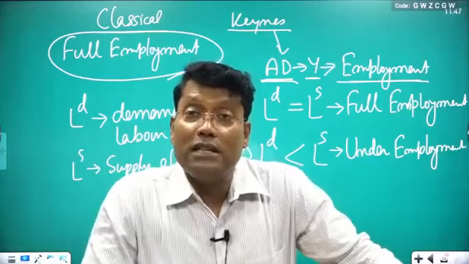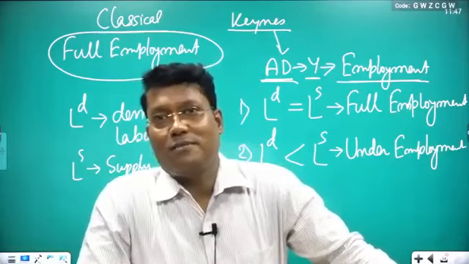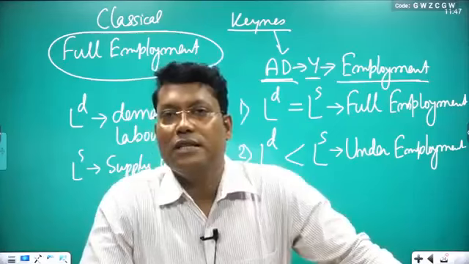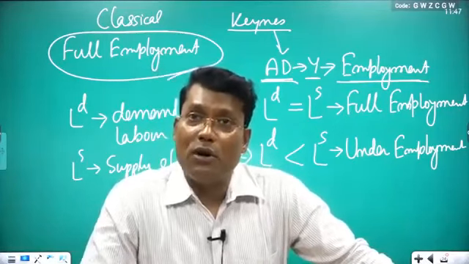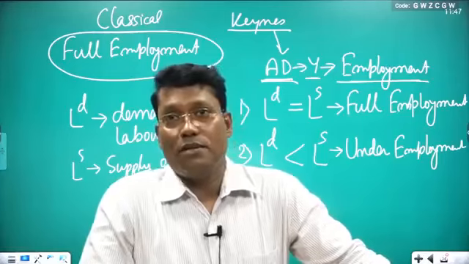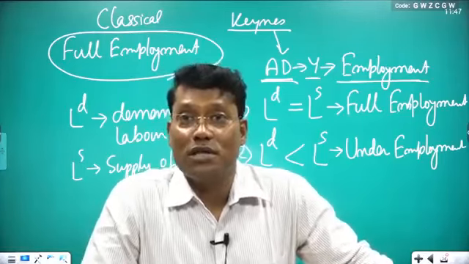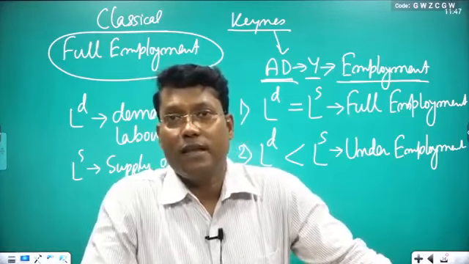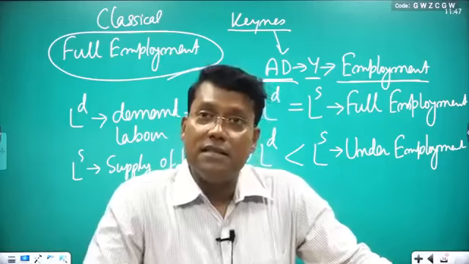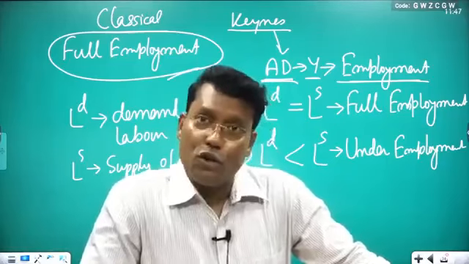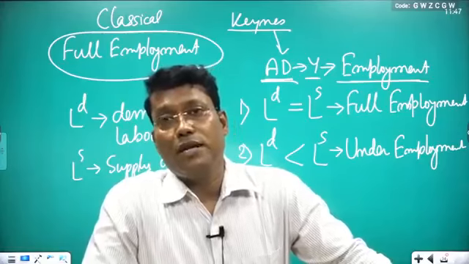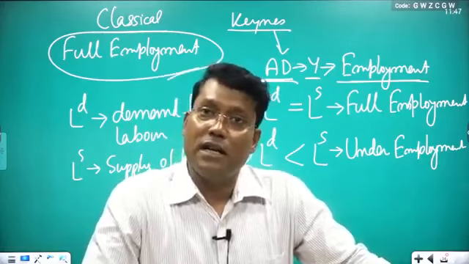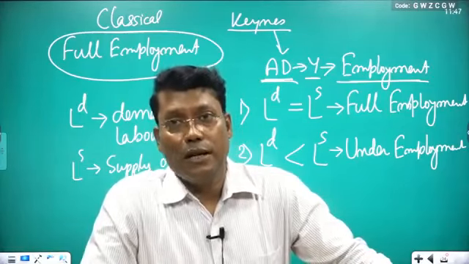But in the types of unemployment, which I will discuss in the unemployment topic, the underemployment concept is something different. Here, as far as Keynes is concerned, it is a condition in the economy where all people are not getting jobs, so they termed it underemployment. Clear?